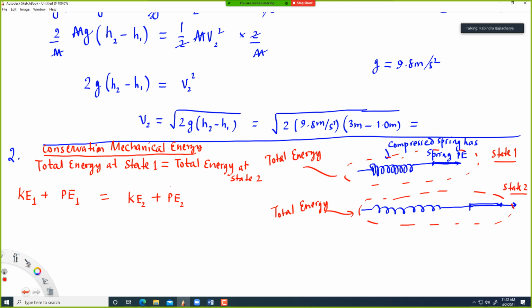In state 1, the dart and the spring both are at rest.